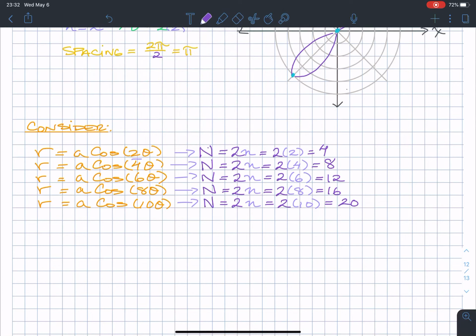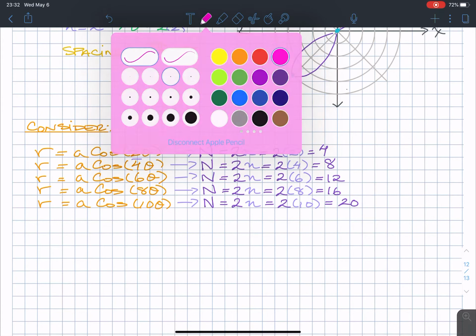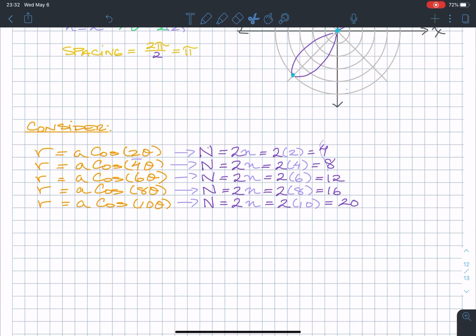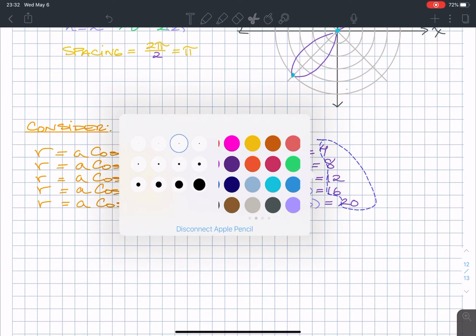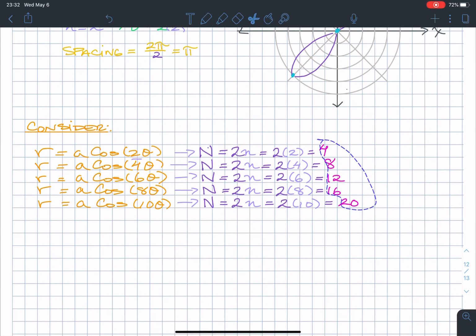And what I'm going to do is highlight the number of petals here. Let's call these all, what color should I use? Hot pink. There we go. Because each of these is a multiple of 4.